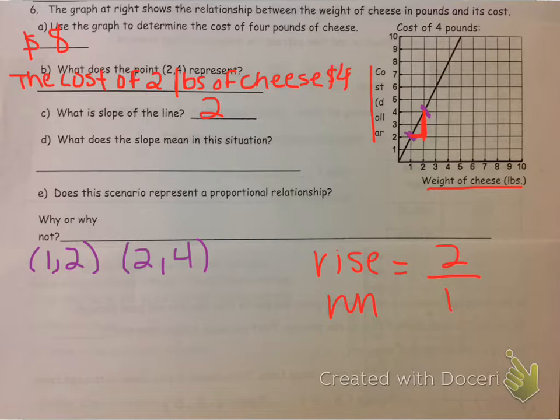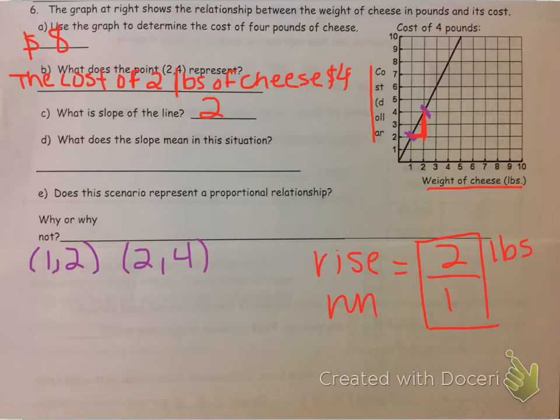What does the slope mean in this situation? Well, I like how this is written. Rise over run, 2 over 1. We're able to see that for every 2, rise is up and down.